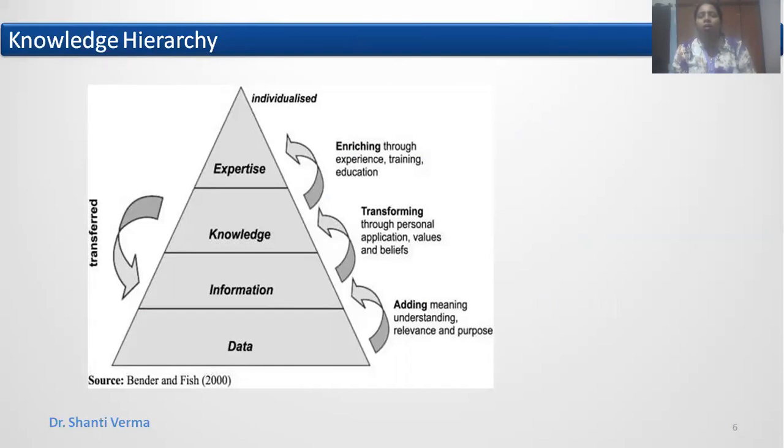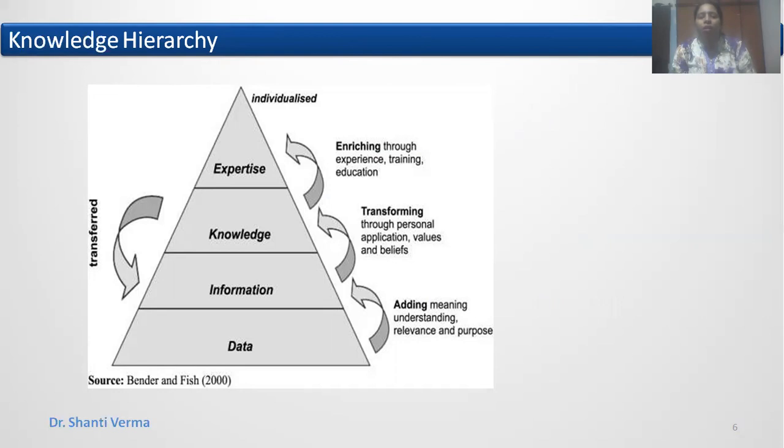Now let's discuss the knowledge hierarchy. Here you can see data, information, knowledge, and expertise knowledge placed in the knowledge hierarchy, where data is in the lower part and expertise knowledge is in the upper part.